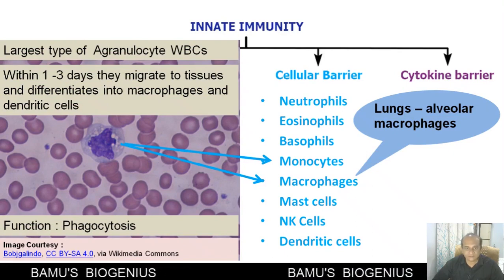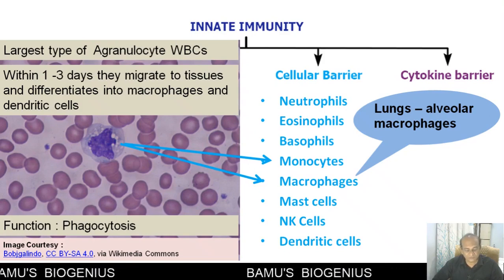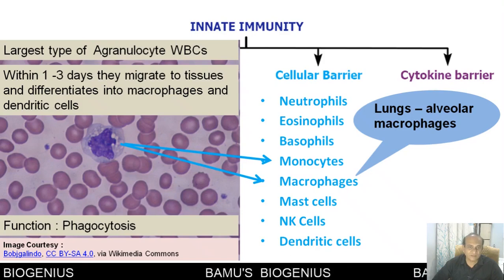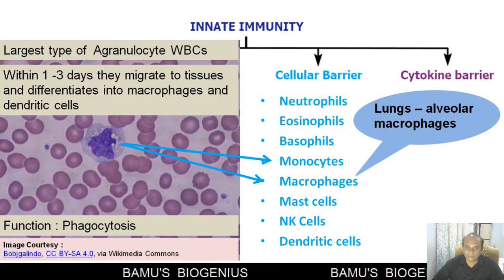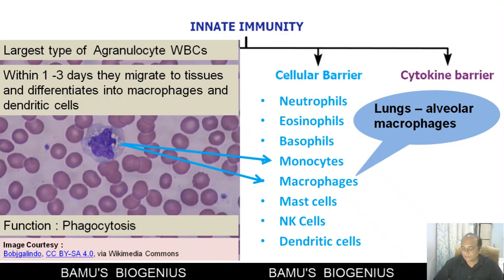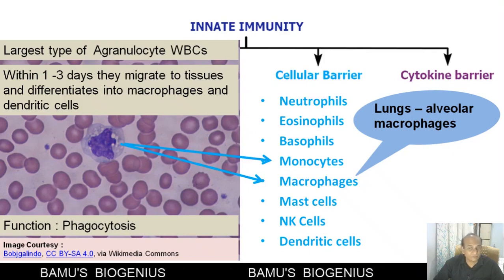After 1 to 3 days, monocytes migrate to the respective tissue and differentiate into different kinds of cells or macrophages. Macrophages have a special function known as phagocytosis. If these macrophages are present in the lungs, they are called alveolar macrophages.